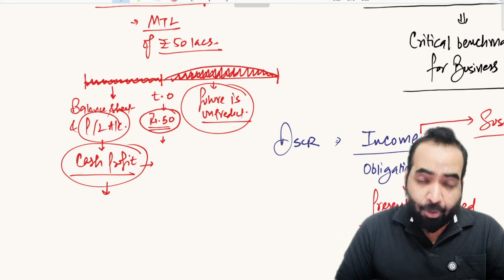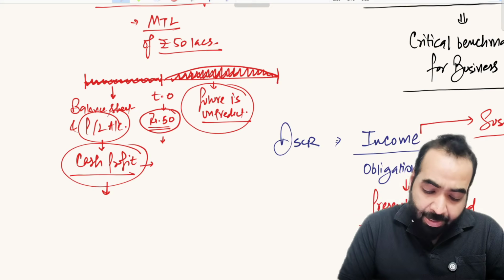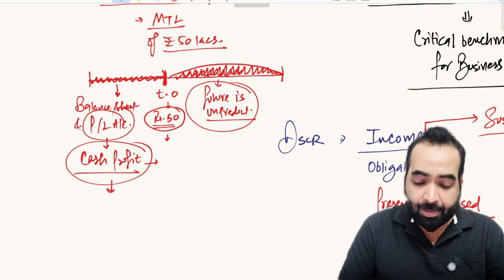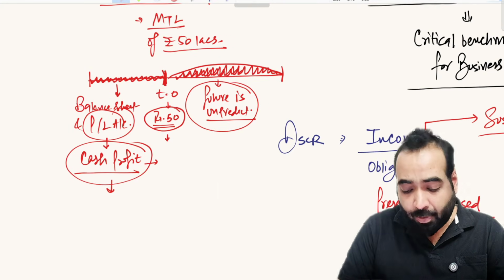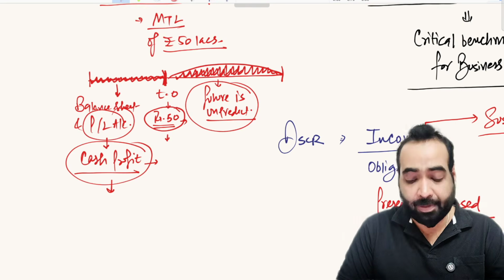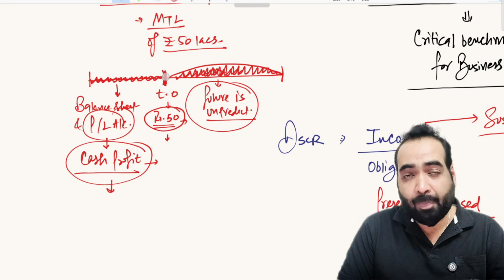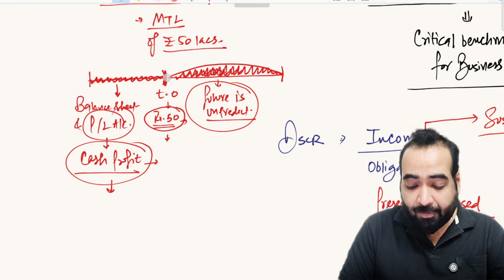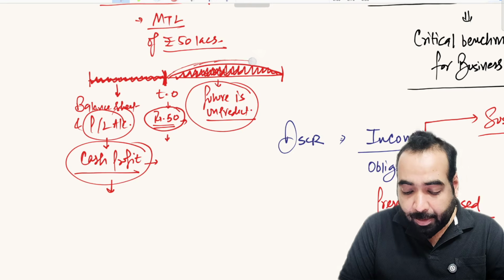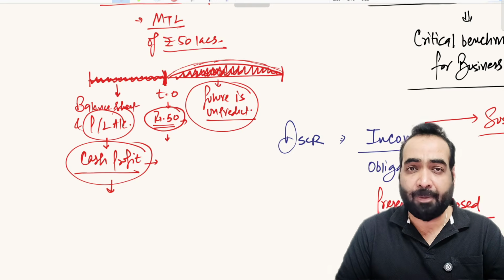So we try to calculate DSCR based on his past earnings and based on his future obligations. These obligations are to be paid in the future, but the earnings are earned in the past, which we assume that will continue to remain in the future period as well, right?